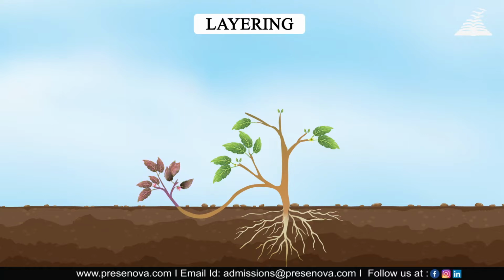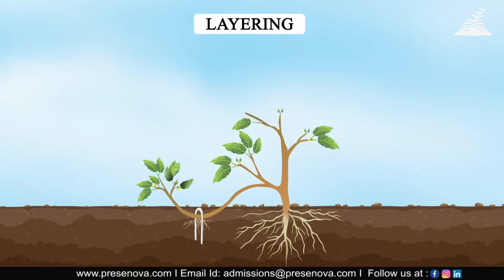The tip of the branch should be above the soil, while the branch is taken below the soil and fixed by a metal nail. Later after a few days, this branch which has been taken under the soil starts growing roots.